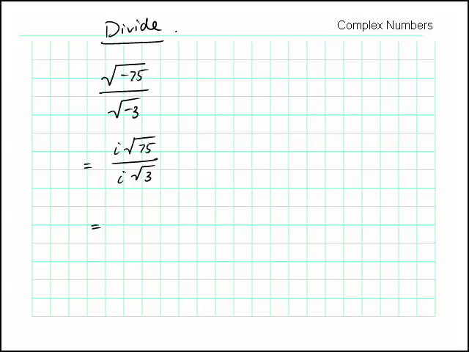Just like any other variable or a constant, if I have one in the numerator and in the denominator, they will cancel away, so that's gone. I'm left with square root 75 over square root 3. I can use the quotient rule to simplify this further. This is the square root of 75 thirds now. 75 divided by 3 is exactly 25. And so my answer here is just a positive 5.